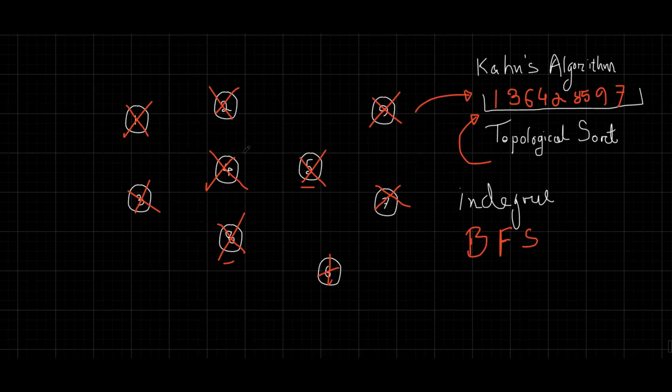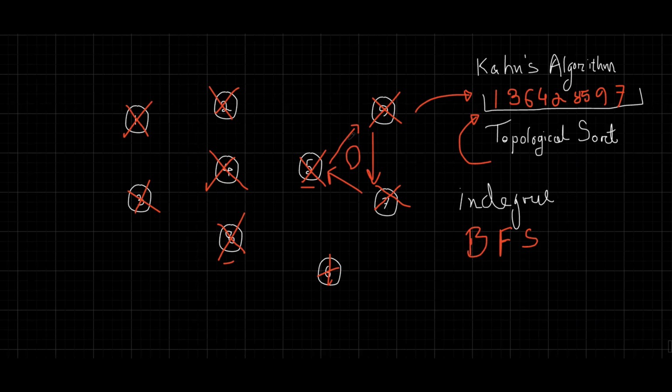Hence, we decide that it is possible to complete all of the courses. Otherwise, if the graph has a cycle, it is not possible to visit all of the nodes, because in this case the in degree will never be equal to 0. So in those kinds of cases, we have to return false. That means it is not possible for us to complete all of the courses in this scenario.